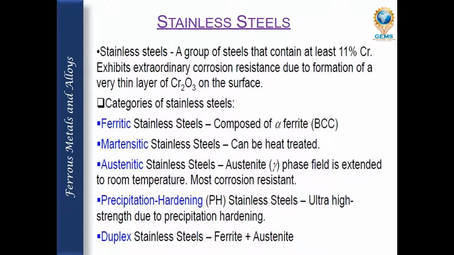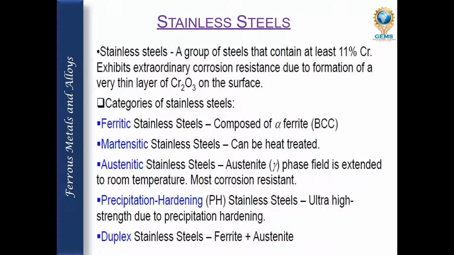This is a phase field which is extended to room temperature, which is mostly corrosion resistant. The next one is precipitation hardening, that is PH stainless steel, which has ultra high strength due to the precipitation hardening.